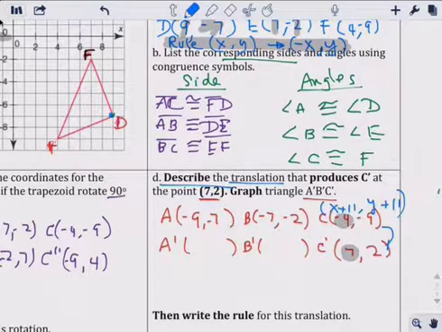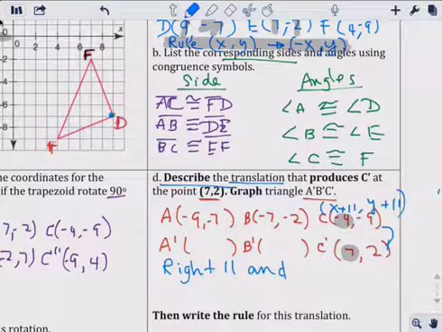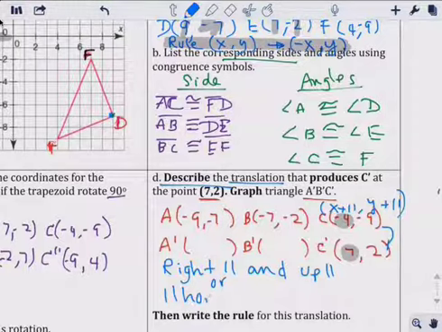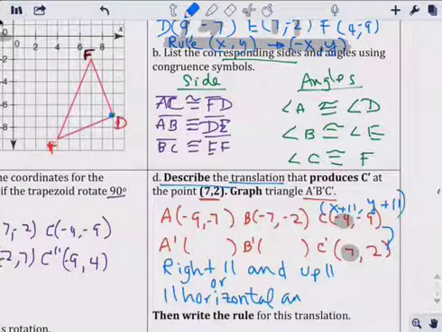It's up and right 11. The graph is going right 11 and up 11. Or you can say 11 horizontal and 11 vertical.